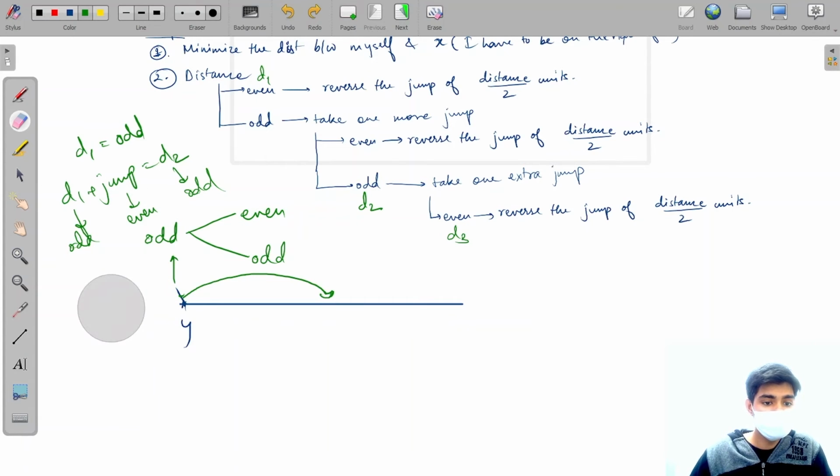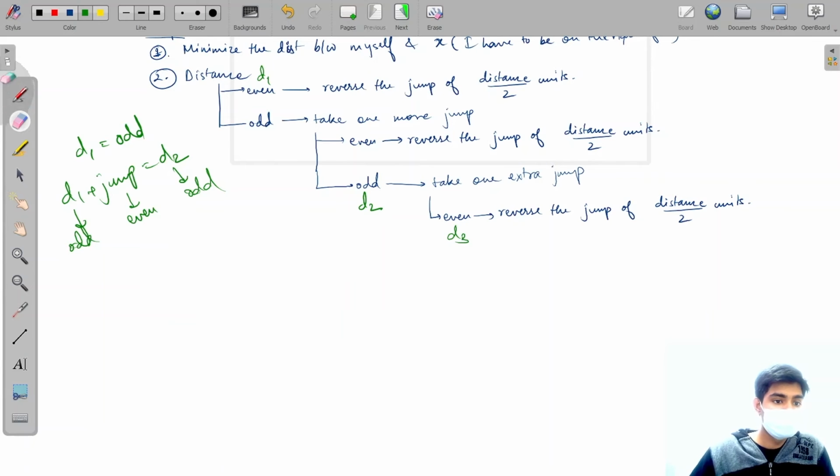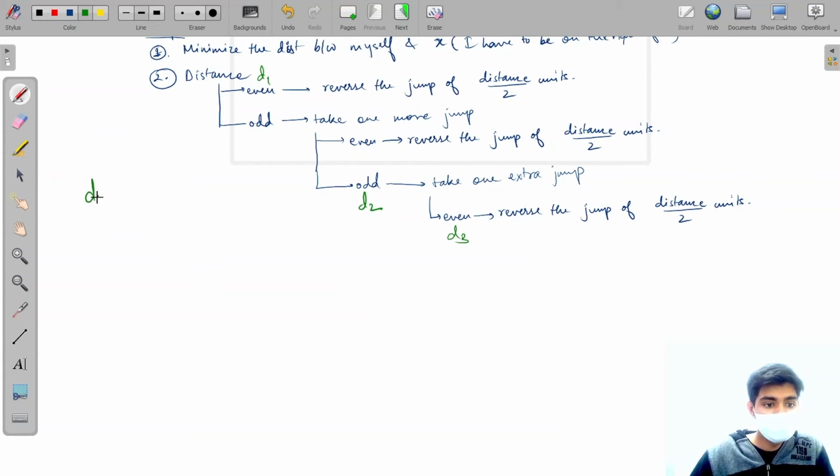So let's erase this. Okay, so I took a jump of d1. Let's write it clearly: this d1 is of odd length, we know this for sure. Now I take a jump, and this jump can be of odd length or even length.